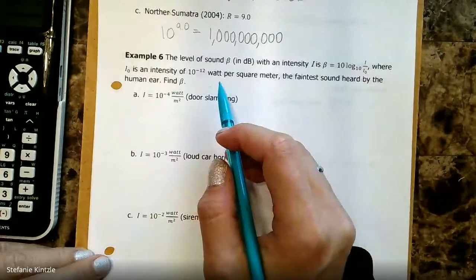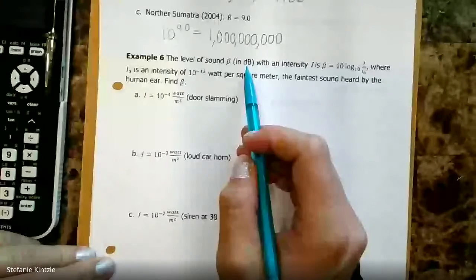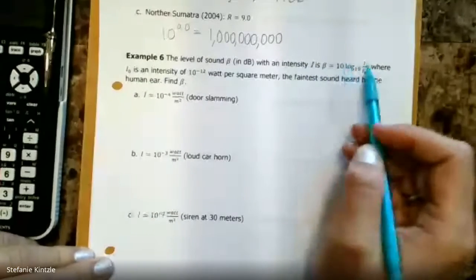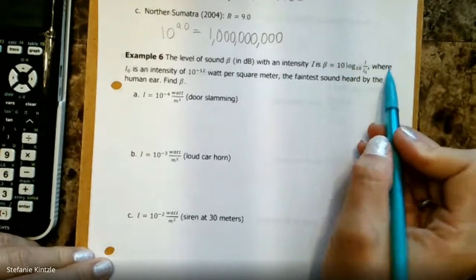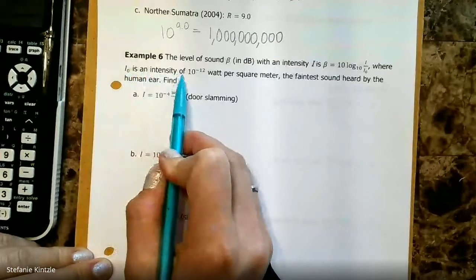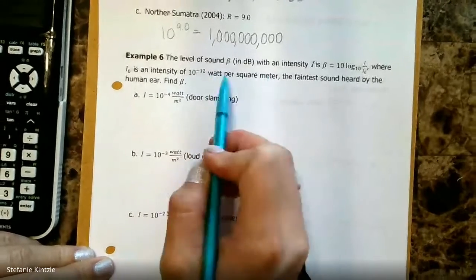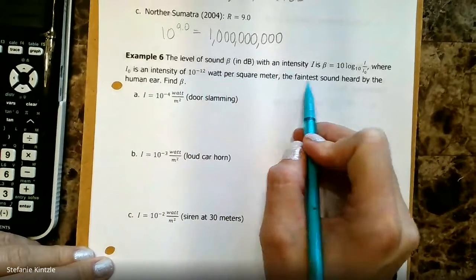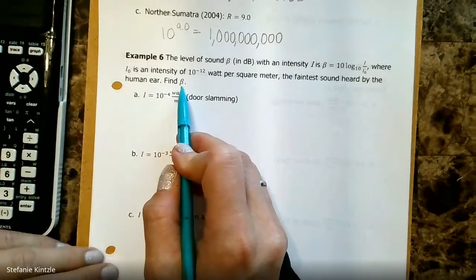All right, so here's one. The loudness of sound in decibels with an intensity I is given by beta equals 10 log base 10 of I over I sub 0, where I sub 0, the initial intensity, is an intensity of 10 to the negative 12 watt per square meter, which is the faintest sound heard by the human ear. So find beta.